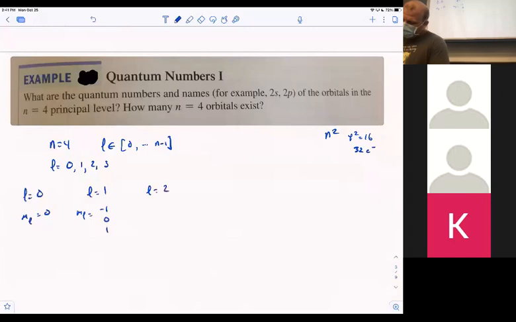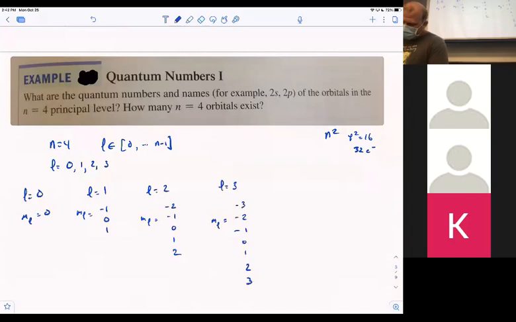For l equals 2, m sub l can be minus 2, minus 1, 0, 1, and 2. And for l equals 3, m sub l can be minus 3, minus 2, minus 1, 0, 1, 2, or 3.